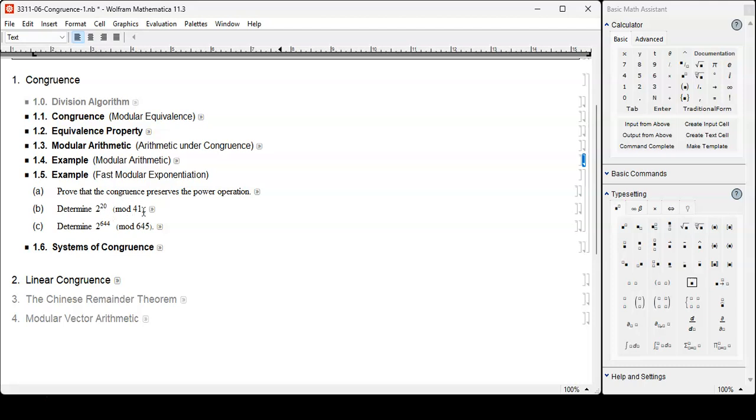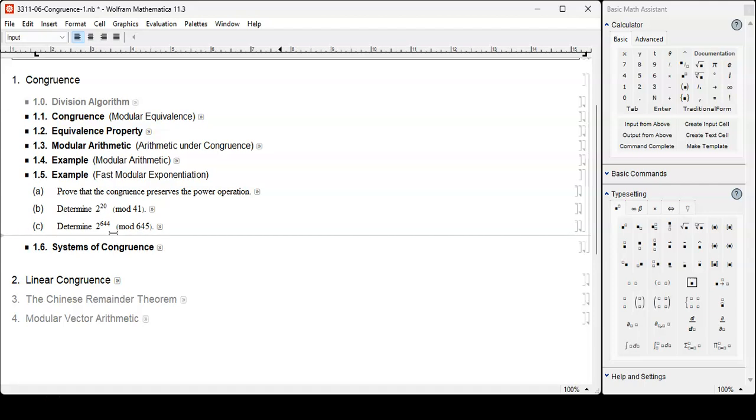So if you do mod 41 in this case, you can do that to 2, and how helpful will that be? Something to think about. And then mod 645, yeah, but you cannot apply that to the exponent. So this thing is not equivalent to 2 to the negative first power.